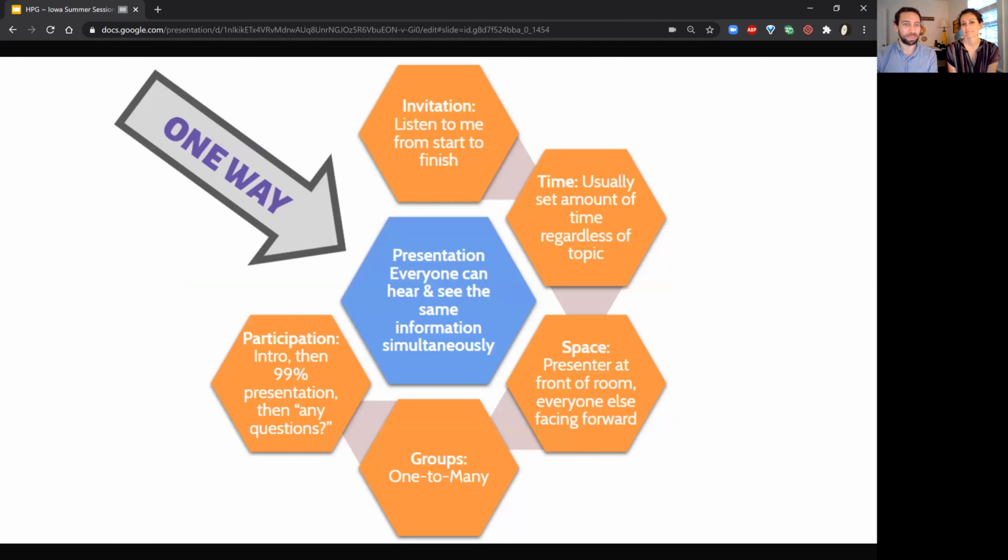And if you look at it, the presentation does have a purpose, and the purpose of it is for everyone to hear or see the same information simultaneously. It's really good at that. Whether or not people understand, comprehend, get the information, who knows? But it is very good at making sure everyone has received the same thing simultaneously.